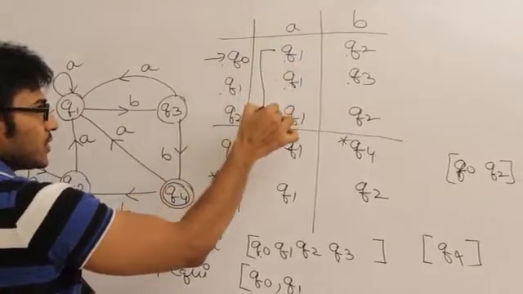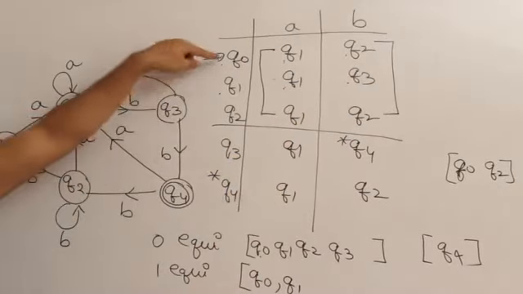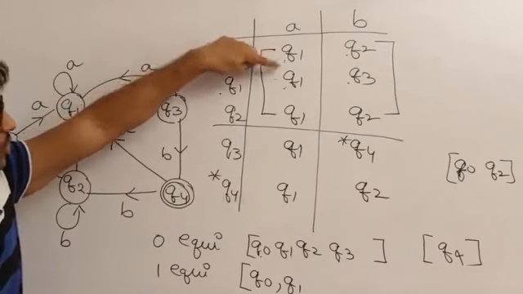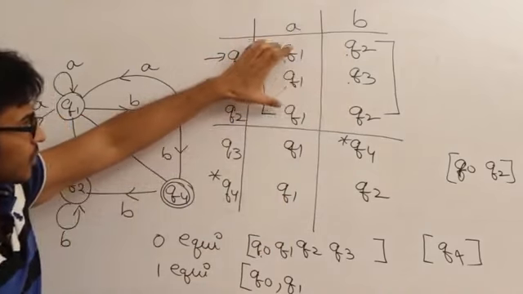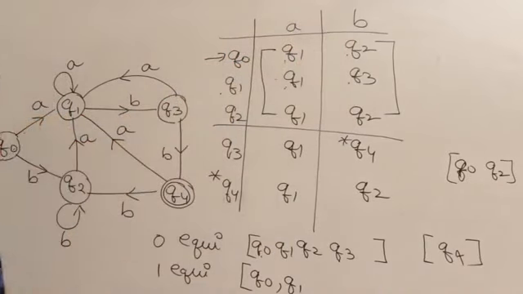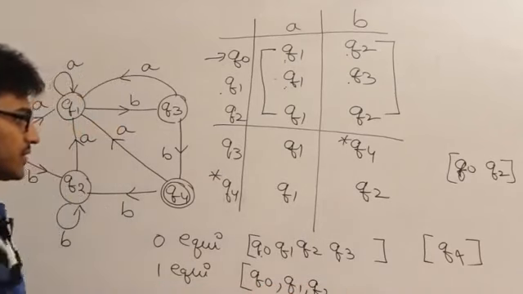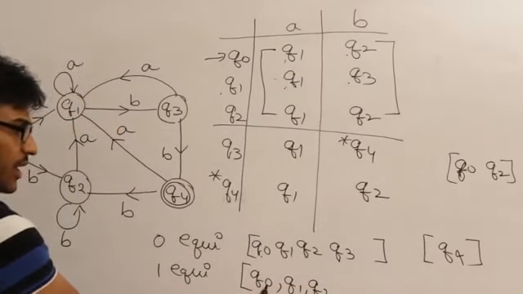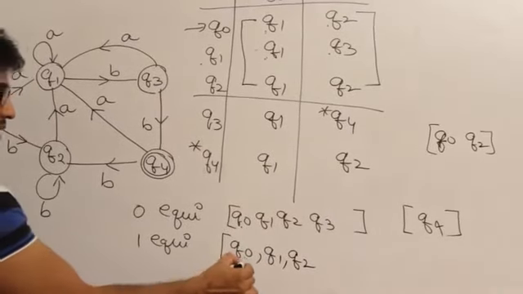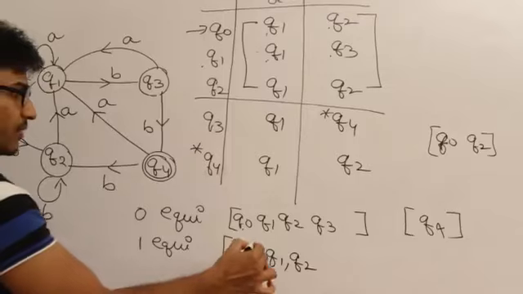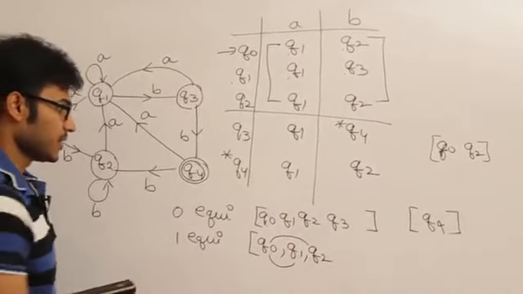Q0 is here, Q2 is here. Just check them. Q0 and Q2 both are going to Q1, which is in the same group, and both are going to Q2. When they are going to the same states, they are obviously equivalent. Therefore Q2 is equivalent to Q0. Since Q1 is equivalent to Q0 and Q2 is equivalent to Q0, Q1 is equivalent to Q2. Already we know that these two are equivalent. Now we found out that these are equivalent, therefore Q2 and Q1 are also equivalent.